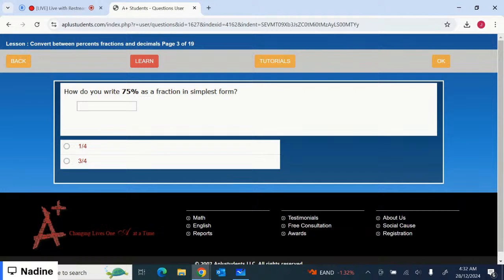How do you write 75% as a fraction in simplest form? You can write it as 75 over 100, right?